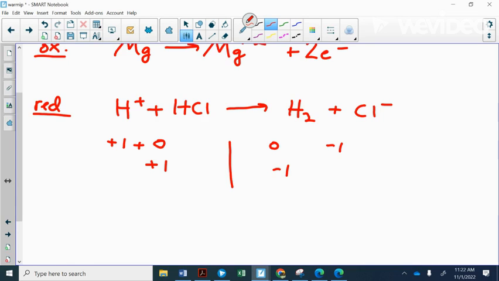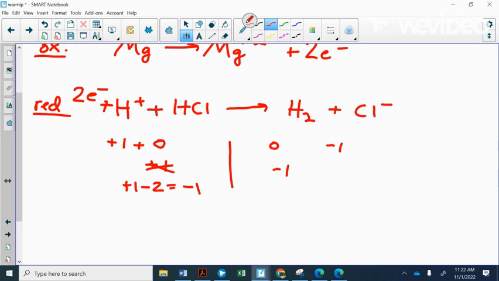So I go to the side with the greater charge, and I add electrons to make it equal the side with the lower charge. What do you need to add to +1 to make it -1? -2, right? So 2 electrons. Now the charge is +1 minus 2 equals -1. Now the charges are equal.